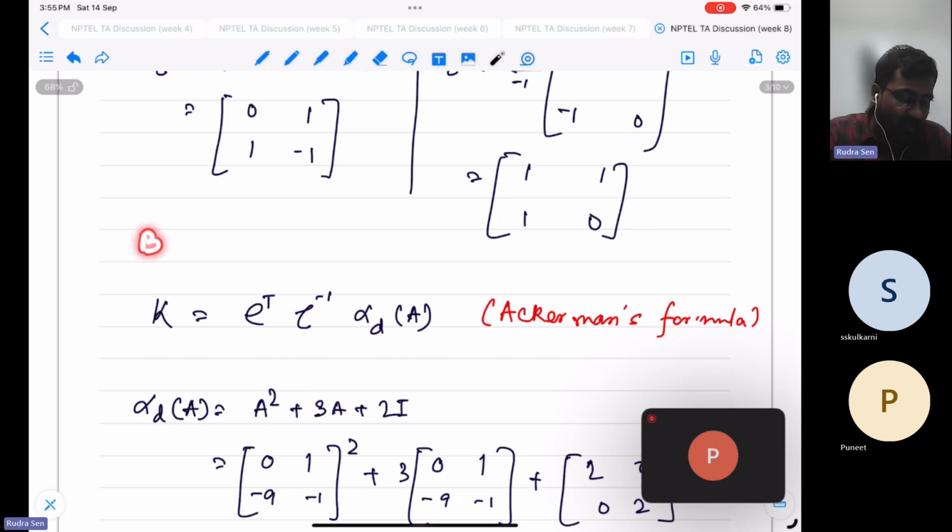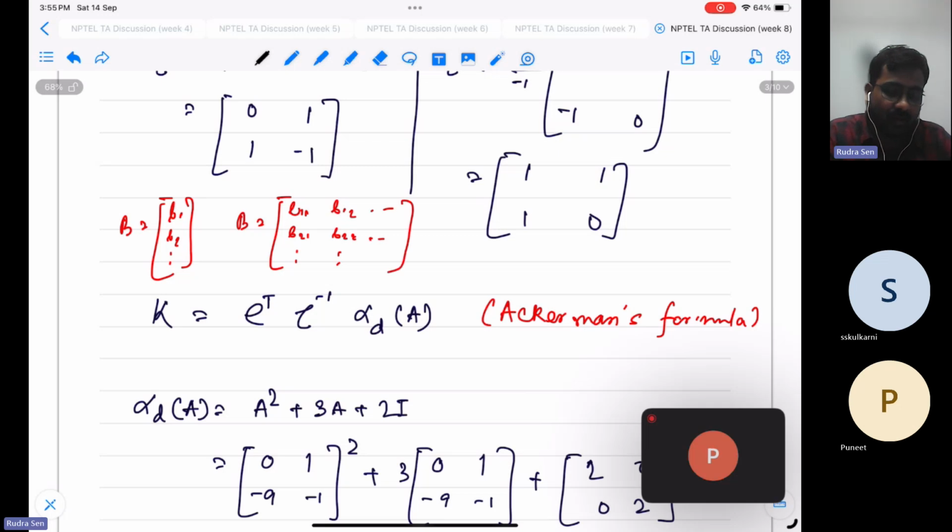In case of a SISO system, B is only a single column vector, B1, B2, and so on. But in case of a MIMO system, B is now B11, B12, B21, B22, in that way, right?